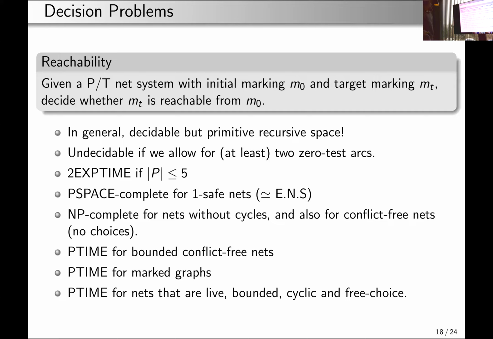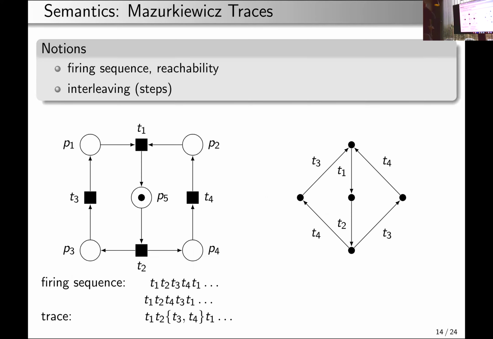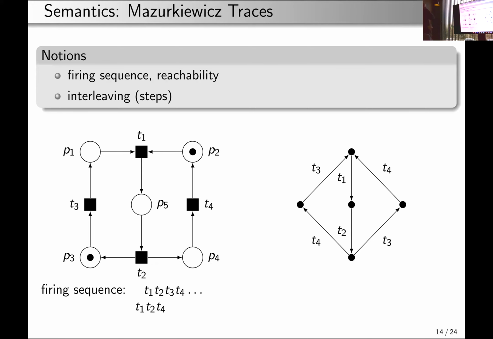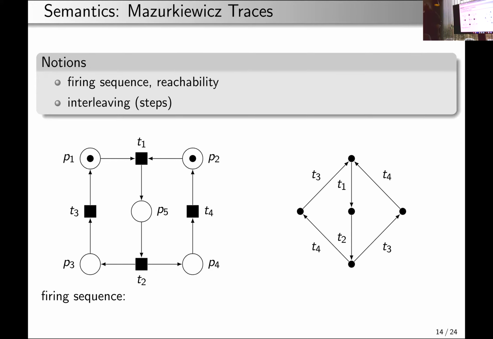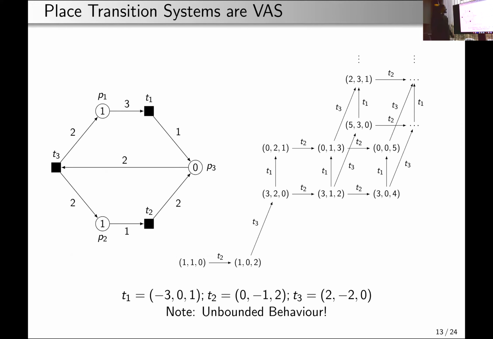Interestingly, if you allow for zero tests, and I think equivalently inhibitor arcs, this is maybe something I should have said. So I'm going to get back very quickly to this one. Where is it? Here. Yes, so vector addition systems. If we allow for other operations like reset and zero tests, what we get are counter machines, right?